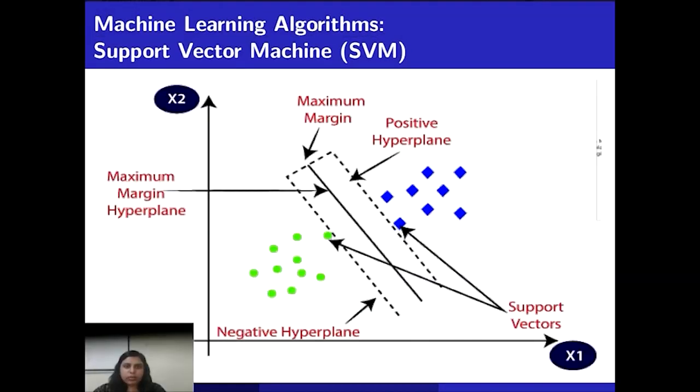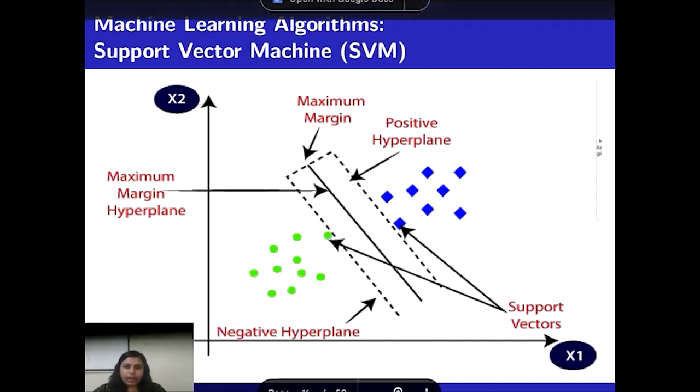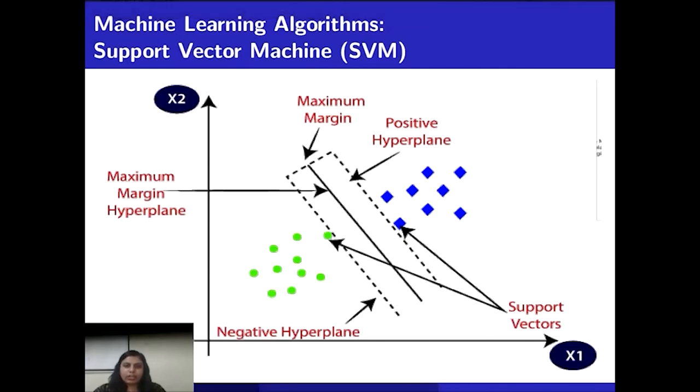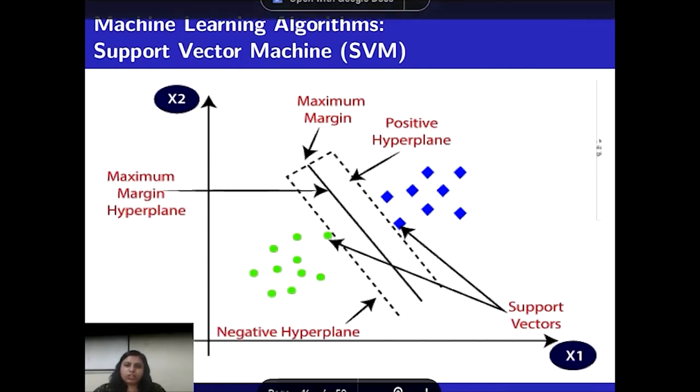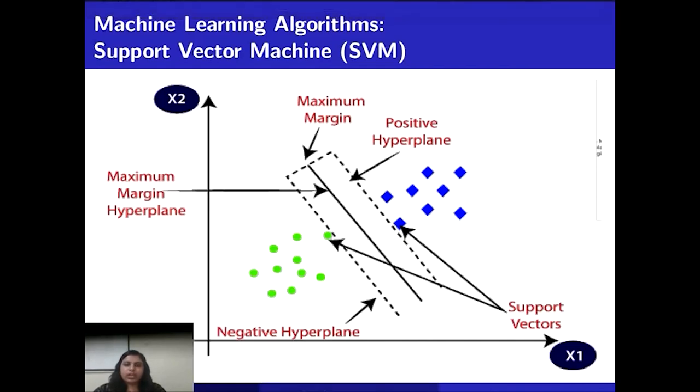This is the diagram of support vector machine or SVM. In this diagram, this is n-dimensional space and this n-dimensional space has positive class members which are indicated by blue color and negative class members which are indicated by green color.